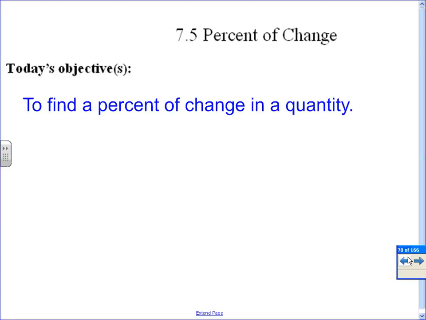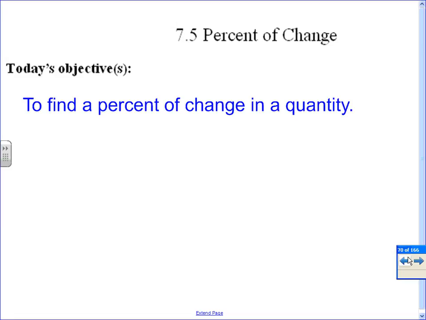All right, can someone read letter A for us underneath the warm-up? Matt, nice and loud. Good.